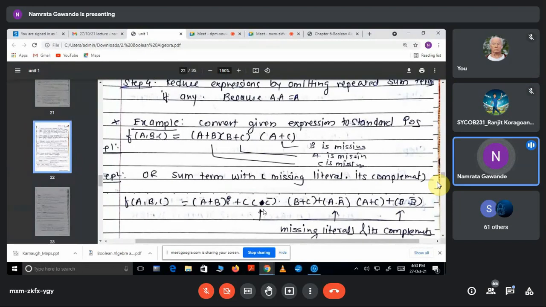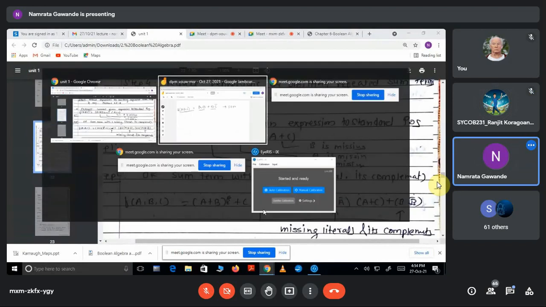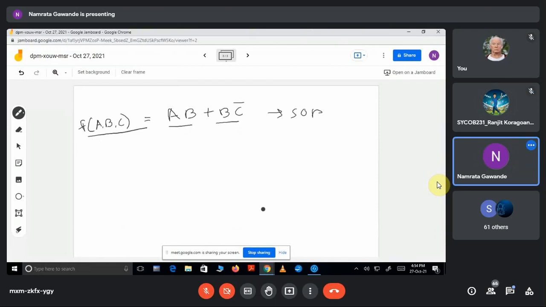So what will be A bar? 0, right? 1 dot 0 means what? 0. If we multiply 0 with any number, nothing will happen. So that's what we are using this term in the POS.